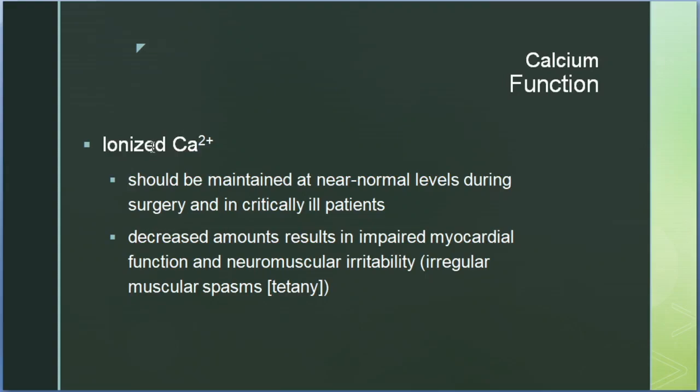There could be cardiac arrhythmia if the patient has a low level of your serum calcium. A decreased amount results in impaired myocardial function and neuromuscular irritability. There could be irregular muscular spasms or your tetany. That's why prior to surgery, guys, it is prudent really that we check for your serum calcium.